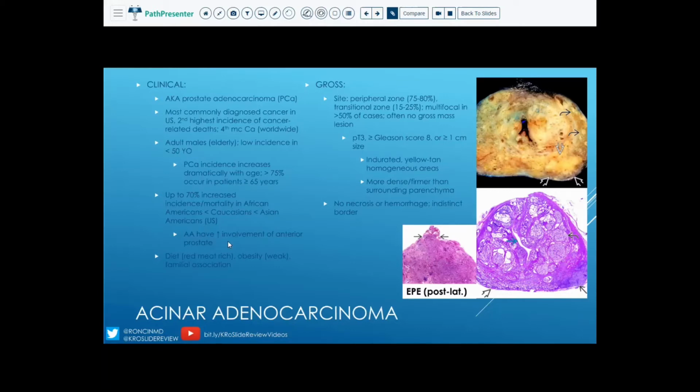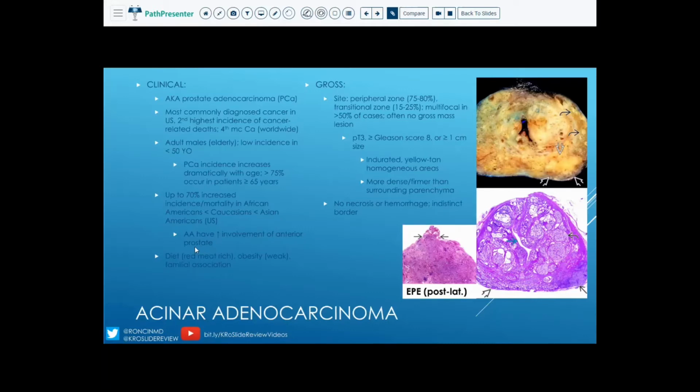African Americans also have increased involvement of the anterior prostate, which itself might be why they have increased morbidity and mortality related to this, because when you think about where we are biopsying, a lot of prostate cancer tends to occur in the posterior aspect of the peripheral zone. So if we have the anterior prostate involved, there's not really great ways to sample that. And that's probably one of the reasons why African Americans tend to be adversely affected by this, is that we just don't have a good method of seeing this.